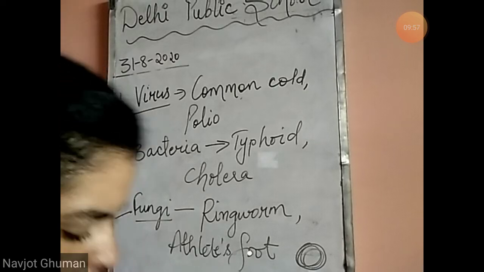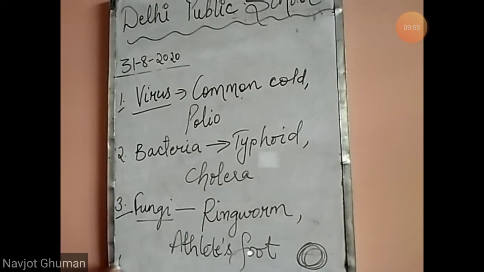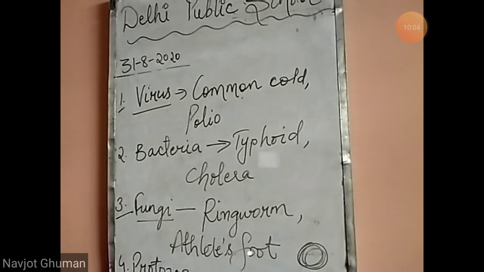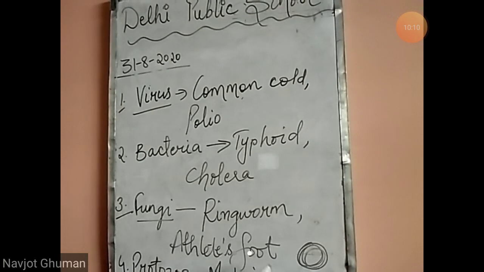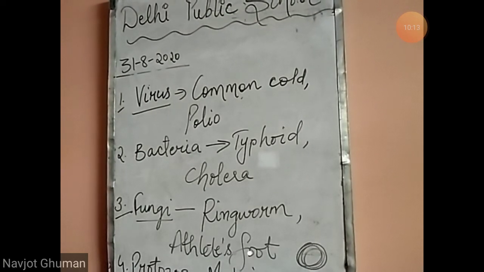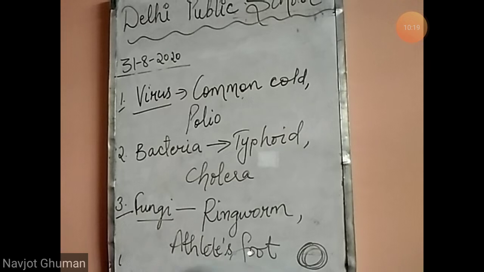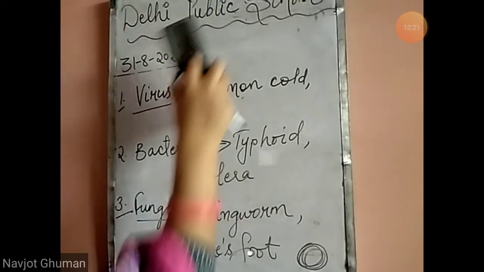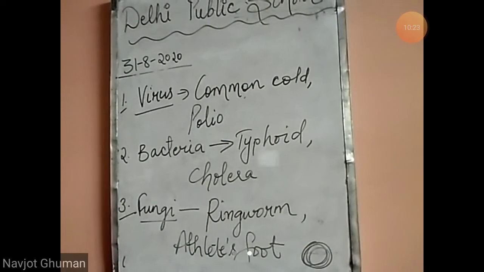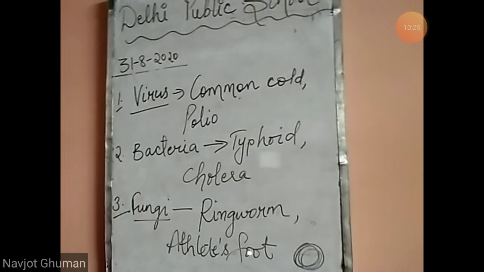Next is protozoa. The main disease caused by protozoa is malaria, caused by the bite of a mosquito. And next is food poisoning.